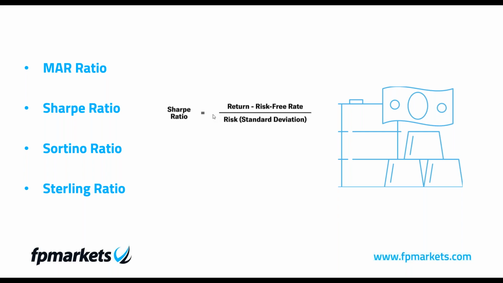So the return minus risk-free rate. I believe it's actually minimum acceptable rate. So this can be anything from the bank rate you receive. Return minus risk-free rate divided by risk, which is your standard deviation of negative returns in terms of the variance. I hope that helps. There's not really much I can say on this other than what I've already said. There's plenty of information regarding this online if you need that.